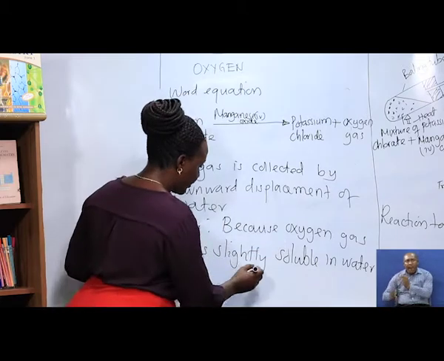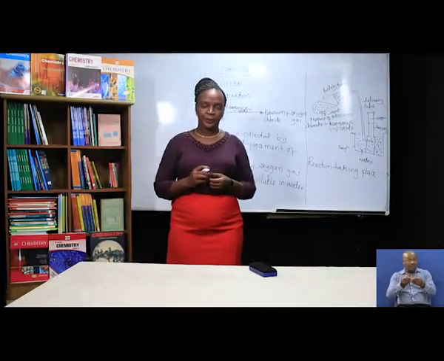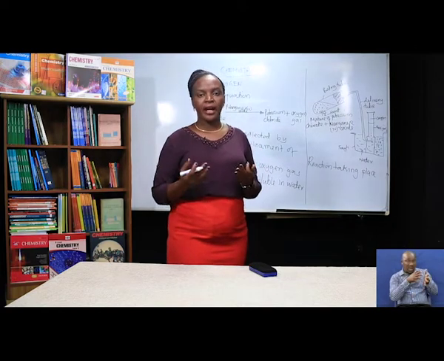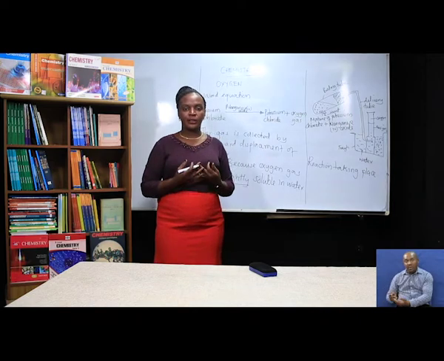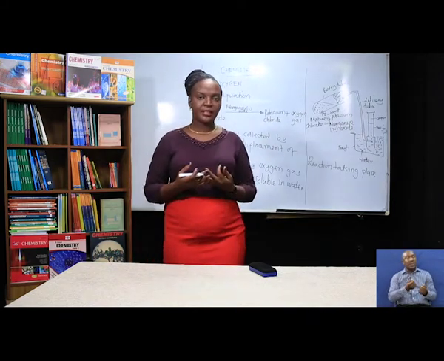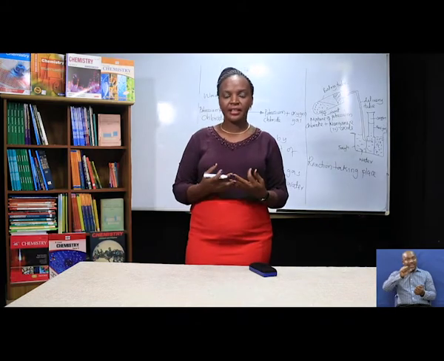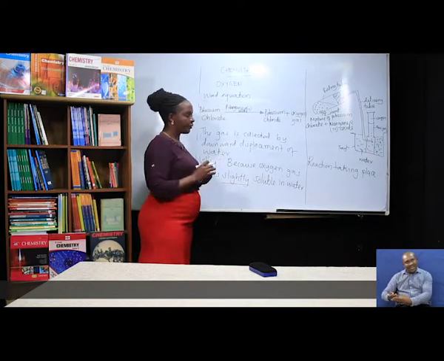That is the meaning of slightly soluble in water. So if you are given a question that asks why oxygen gas is collected by downward displacement of water, the answer is because the gas is slightly soluble in water.